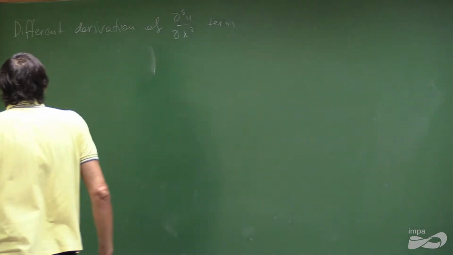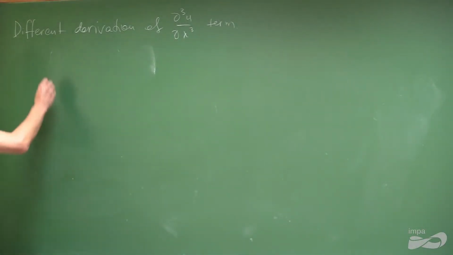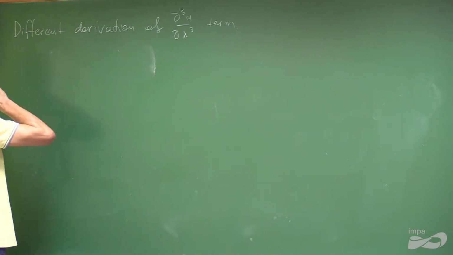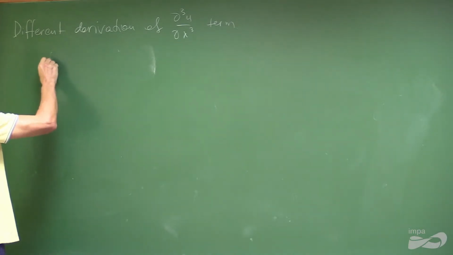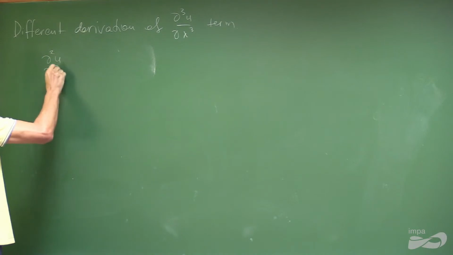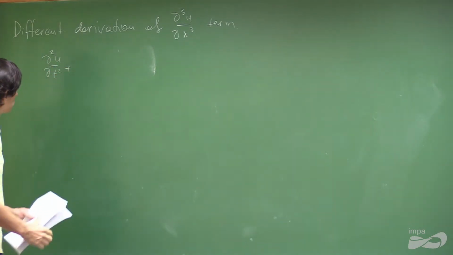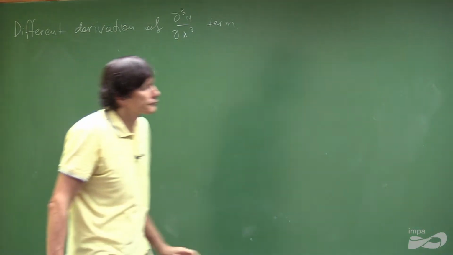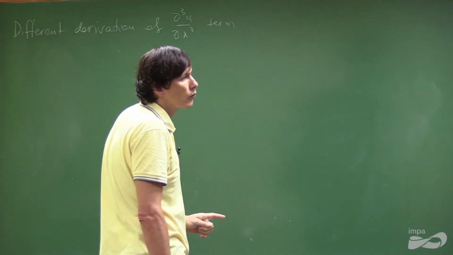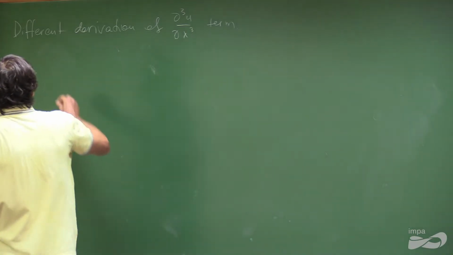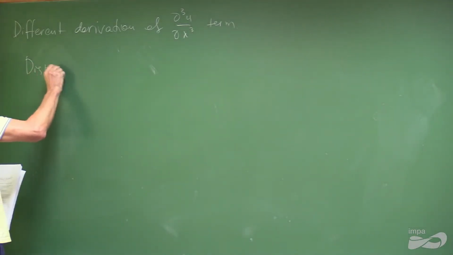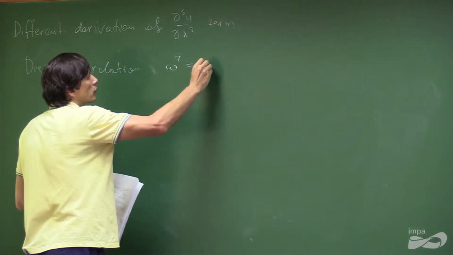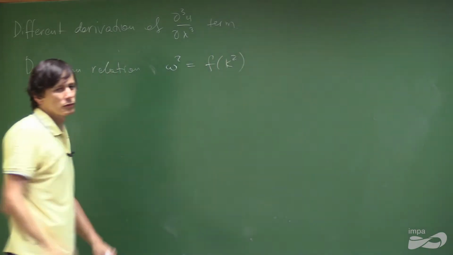Remember what we said, that in general the dispersion relation leads to, so what we did, we had the equation of motion. So we had the general dispersion relation of the form omega squared equals some function of k squared. This is what we did last time.